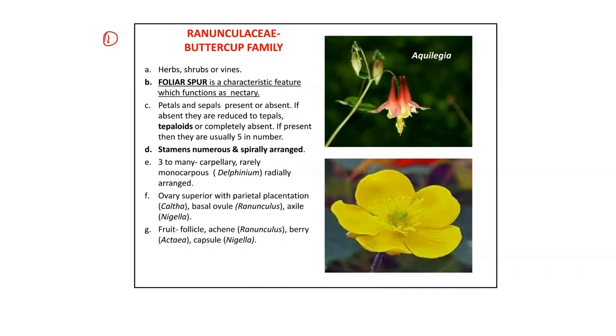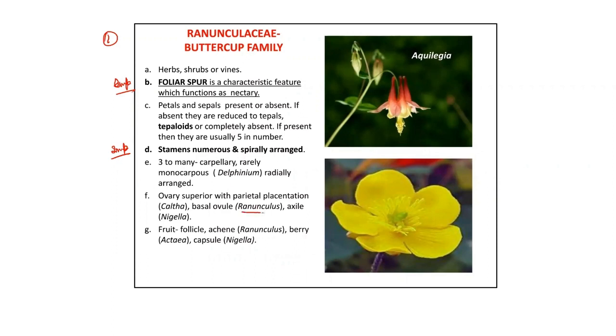In this, the stamens are numerous and spirally arranged, and the foliar spur is a characteristic feature which functions as a nectary. This is very important, and these are the important points I have highlighted in bold. You should go through this and try to remember the genera that are present in them.